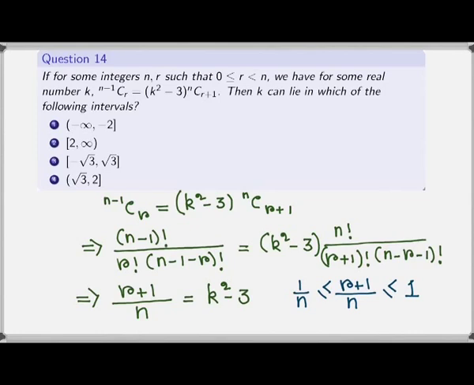We can see here that first, second and third options are not correct and fourth option is correct. That is, k can lie in this interval open square root of 3 to closed 2, as this interval open square root of 3 to closed 2 is a subset of the interval which we have found out.